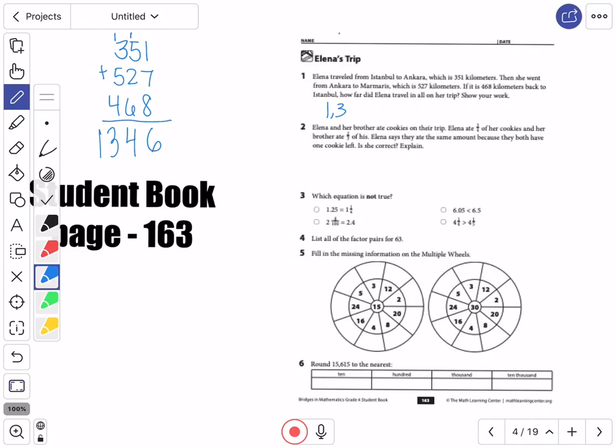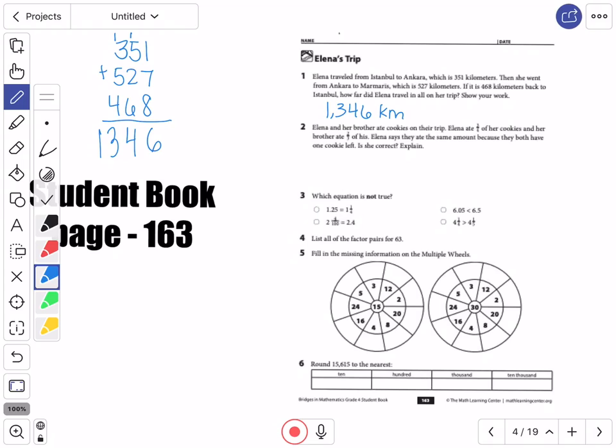And then 1 plus 3 is 4, 4 plus 5 is 9, and then 9 plus 4 is 13. So altogether, Elena would have traveled 1,346 kilometers.